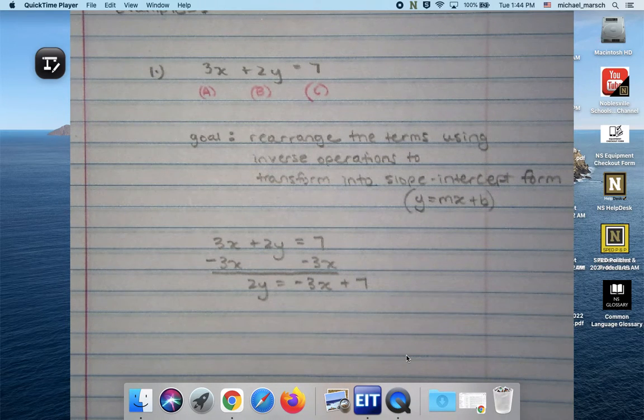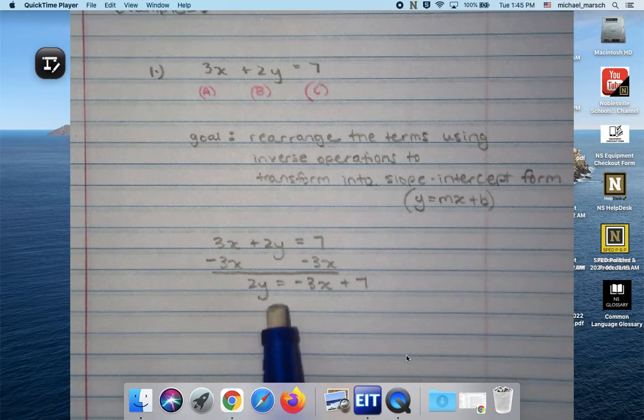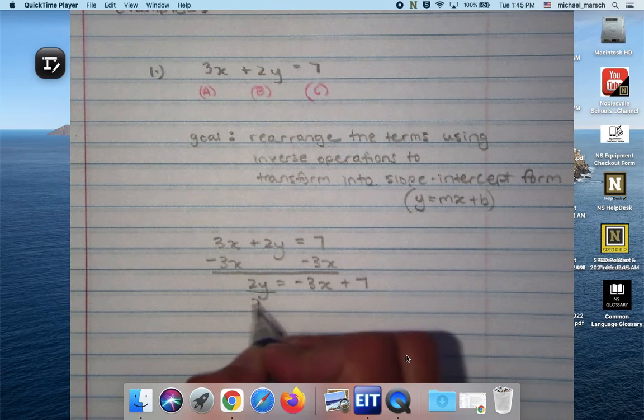And then the y cannot have a coefficient. So what do I have to do to eliminate the coefficient of 2? Subtract 2 from both sides? I'm not going to subtract it, because it's being multiplied by the y. I'm going to divide everything by 2.